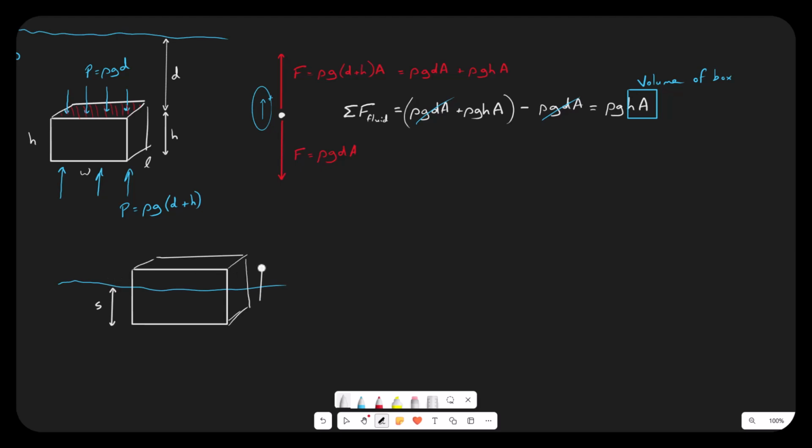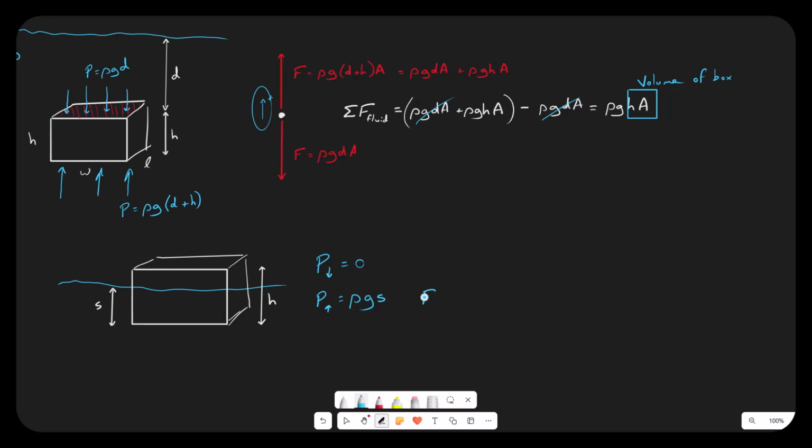This whole thing is H. The pressure on the top, I'm not underwater at all, so the pressure from the fluid on the top is 0. I'm saying the air pressure is going to drop off anyway because it's in both. So the pressure from the fluid on top, pressure downward, is 0. The pressure upward is going to be rho g times S.